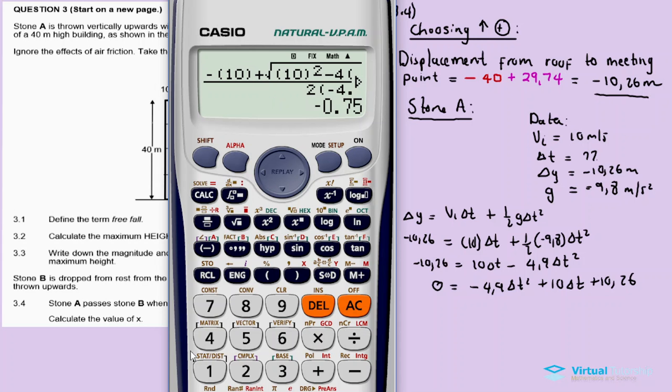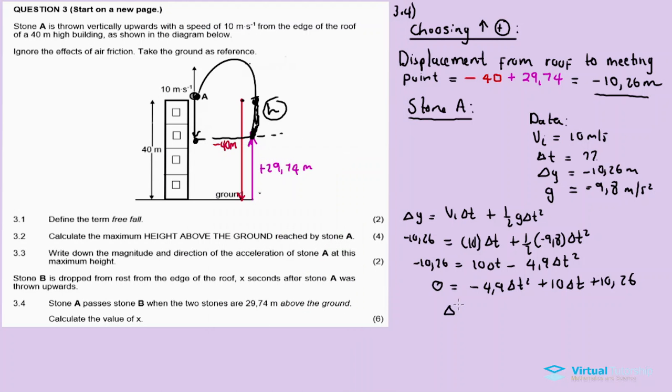Answer: the first solution, you have a negative value. Okay, time cannot be a negative quantity, so let's see the next value. The next value is 2.79. So this is our answer. T is equal to 2.79 seconds, which is the time taken by stone A.